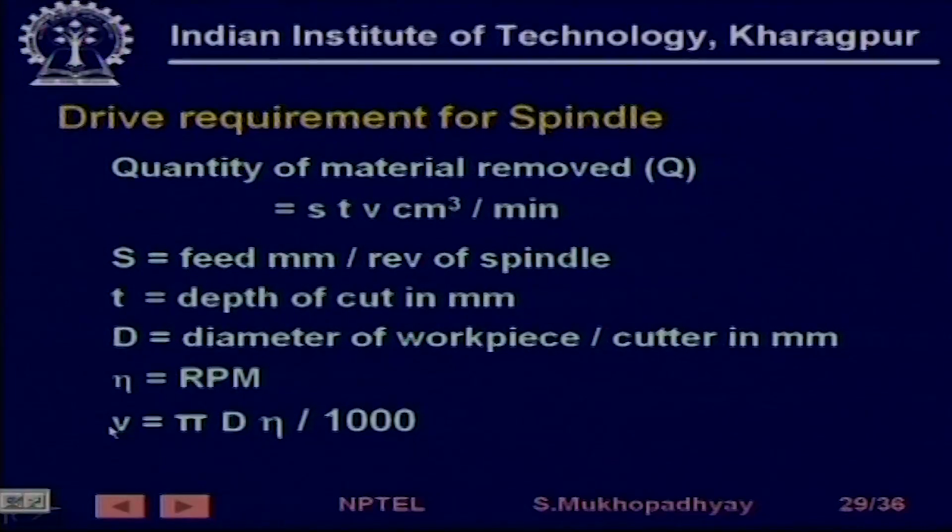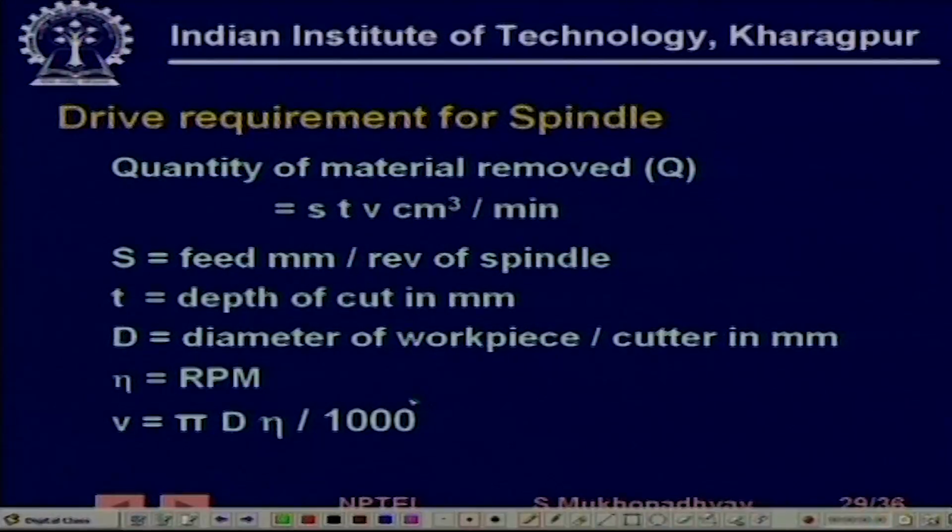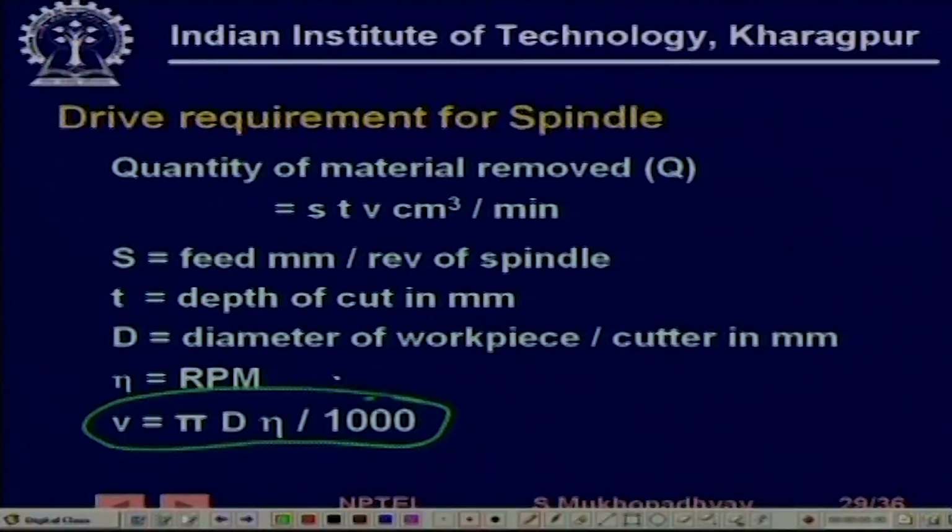Then linear velocity is naturally pi d eta by 1000. So this is the linear velocity. So, this linear velocity into S into T gives the quantity of material removed, Q.